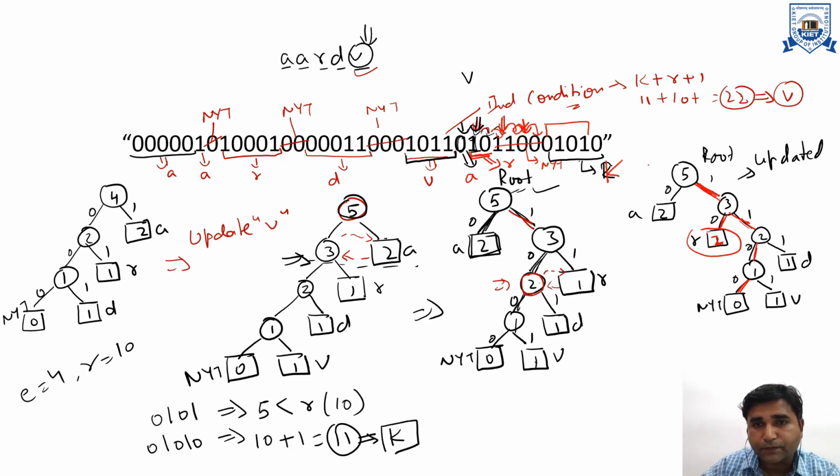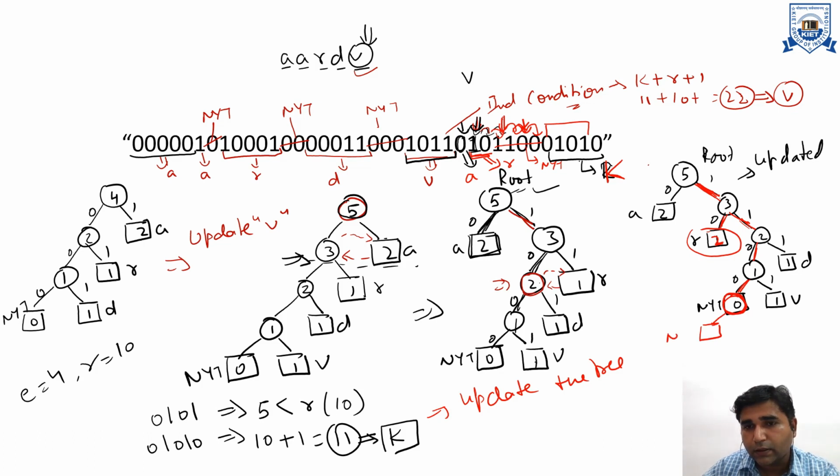Okay, this is K. Now at last what we have to do is just update our tree again. Update the tree, and here the NYT node creates an intermediate node and will join on the left.